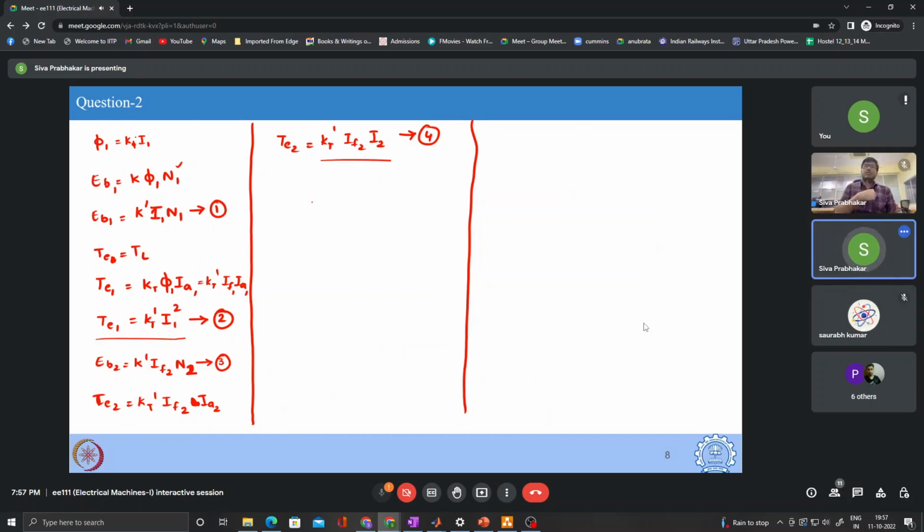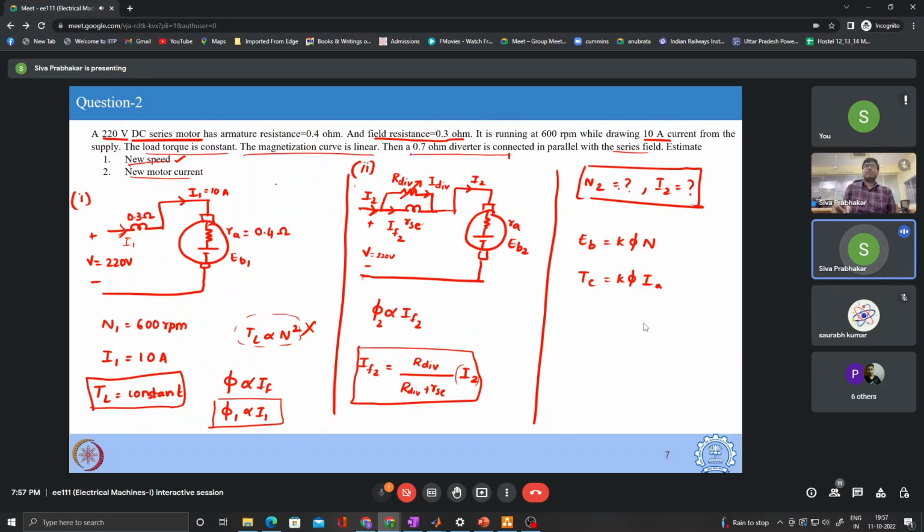Now the value of the field diverter resistance is given to you. From the first equation, let me apply KVL and find the value of EB1. EB is V minus IA R. In the first path, I can apply KVL. So EB1 will be nothing but V minus I1 into the total series resistance, RA plus RC.